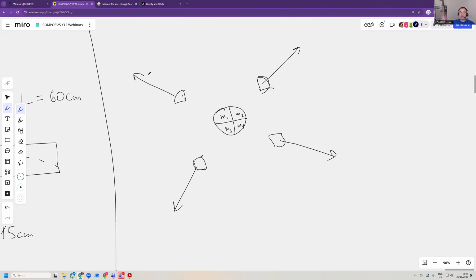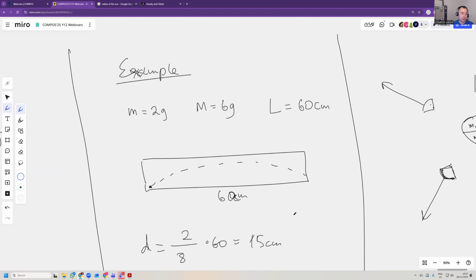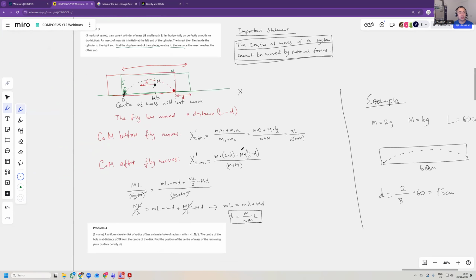But as they fly away, if you calculate the center of mass, yes, it does exactly link to the fact that the total momentum is 0. Absolutely. And that's the same thing we have here. The total momentum of the fly plus the can is 0 because they were initially stationary.